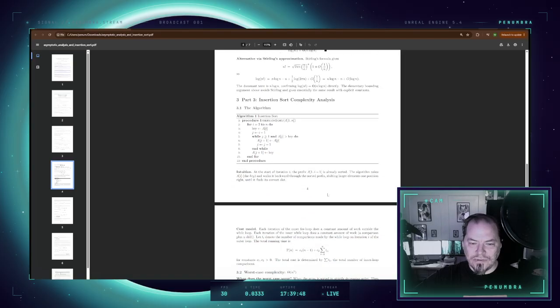So insertion sort, complexity analysis. The higher level of this is that we have a loop in a loop. So we have an inner loop and an outer loop.